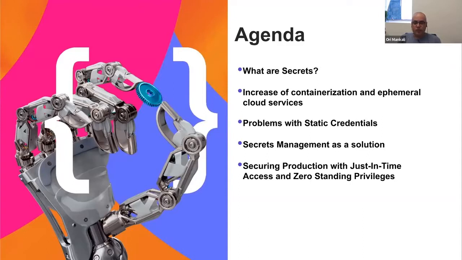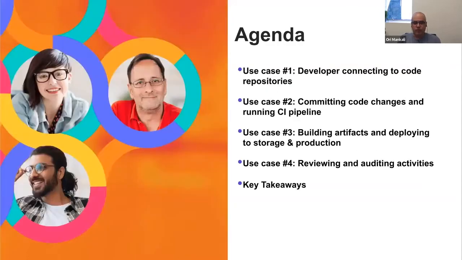Then we'll switch to talk about potential solutions in the form of a secret management platform, and give you a few practical and technical examples of how to implement that using just-in-time access to achieve zero standing privileges in your production environment. And again, as I promised, to be more concrete, I'm going to talk about 4 different use cases that I'm sure all of you can relate to.